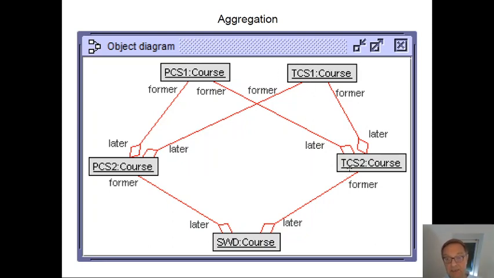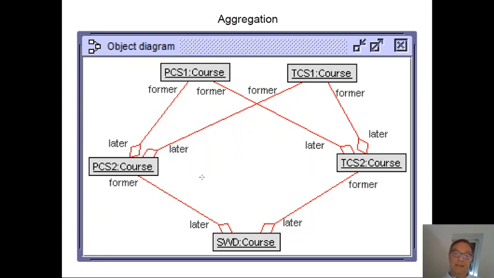And analogously, Theoretical 2 has prerequisite Practical 1, and Theoretical 2 has prerequisite Theoretical 1. So this is the network of prerequisite courses that are required by the regulations.